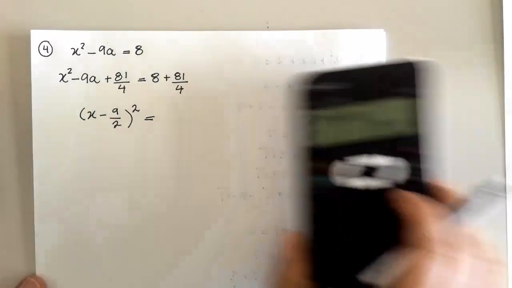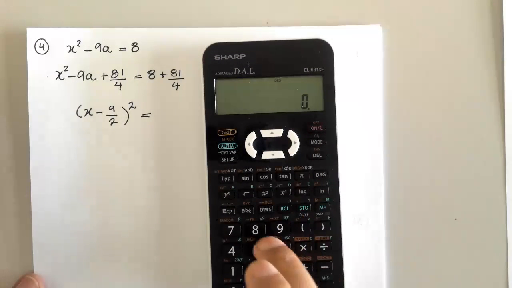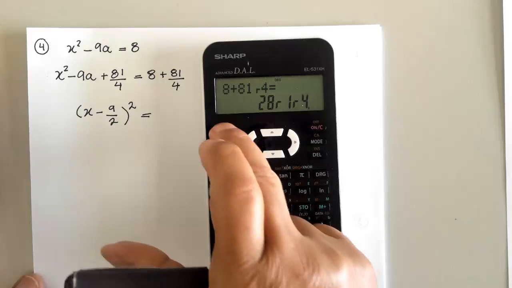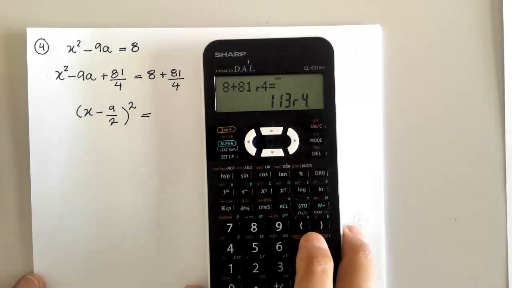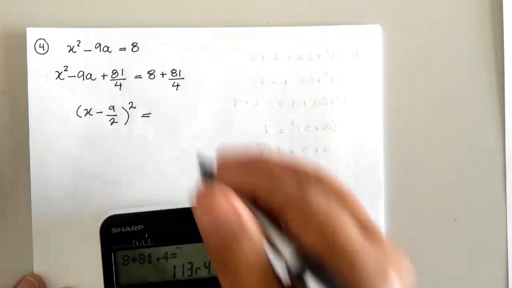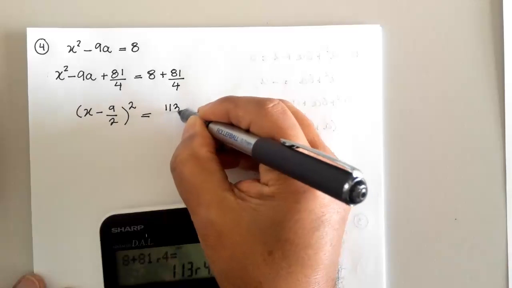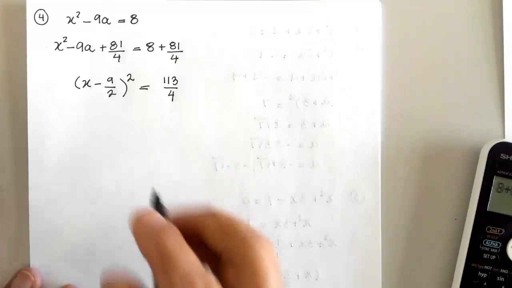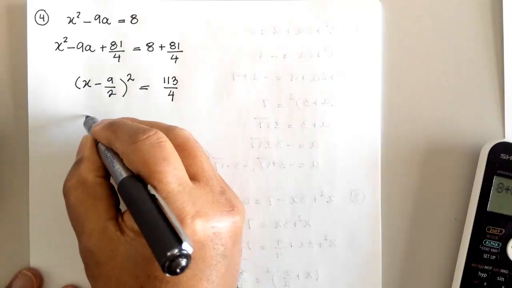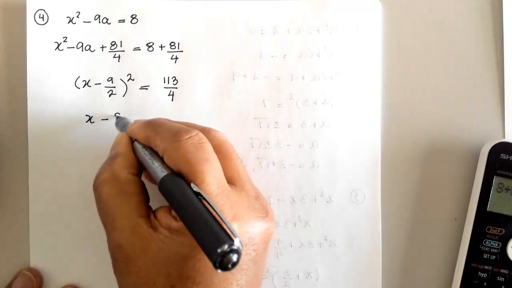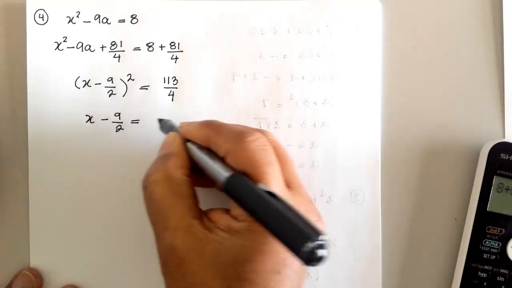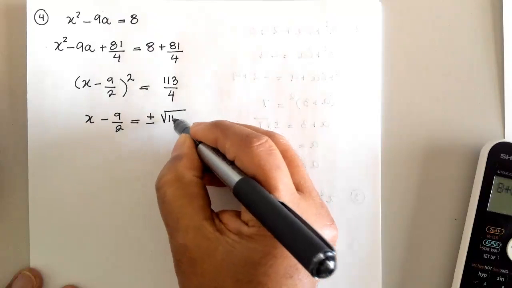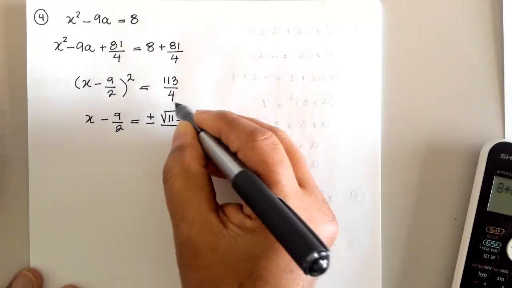And then on the other side we're going to do very quickly 8 plus 81 over 4, and that will give you 113 over 4. Then we square root both sides, so we're going to have x minus 9 over 2 is equal to plus or minus square root of 113 divided by 2.